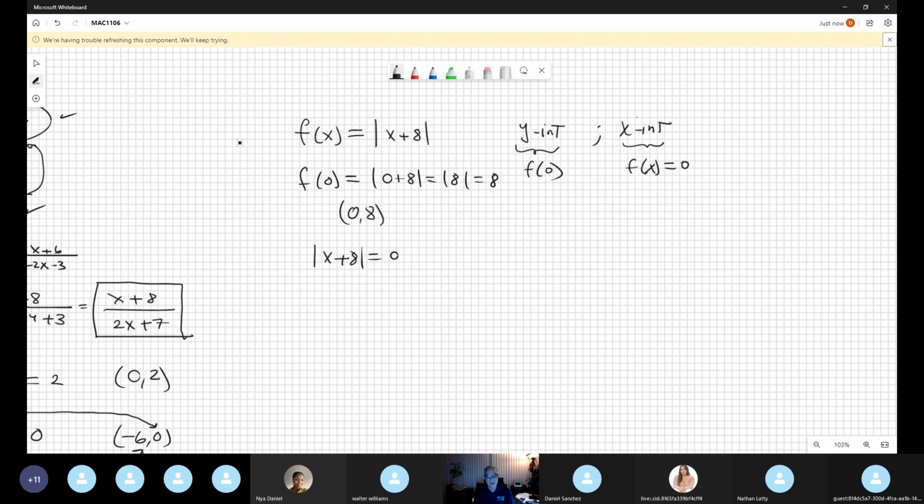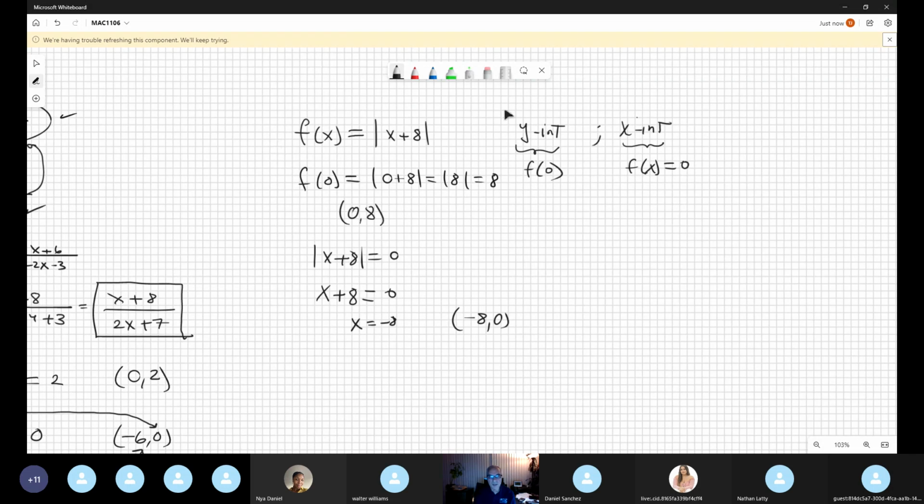Oh, but it's easy because I remember that when you have an absolute value equal to 0, we have only one solution. So what should I do? Well, you remove the bars and solve for x, which is minus a. And the point is minus a, 0.